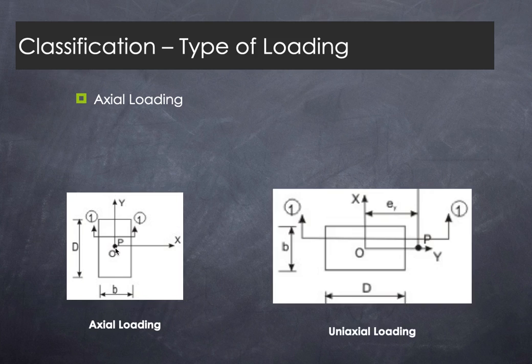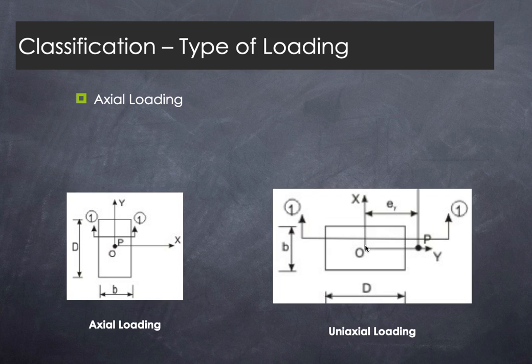Why a theoretical case? Because many a time the load or force acting on the column, as we have discussed, is the load transferred from the beam. It is transferred in the form of reaction of the beam to the column.